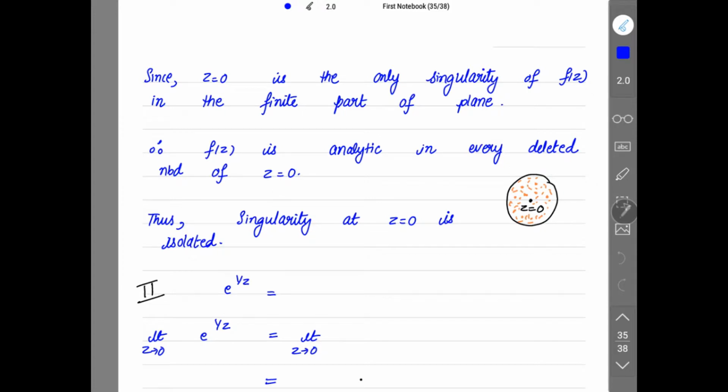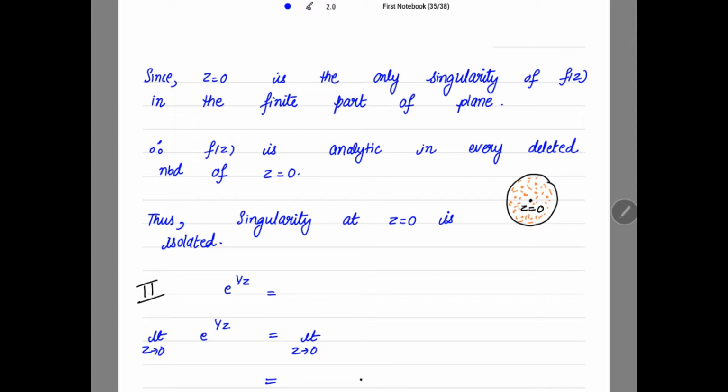If this is your 0 point and this is the neighborhood, at all the points except z equal to 0, because z equal to 0 is your singularity. So except this singularity, at all the points the function is analytic, right? So the singularity at z equal to 0 is isolated, because z equal to 0 is the only singularity.